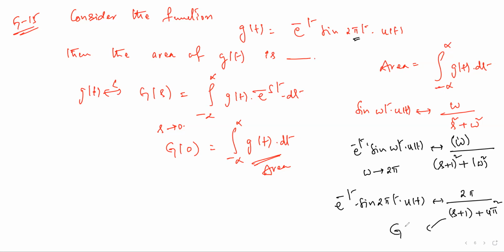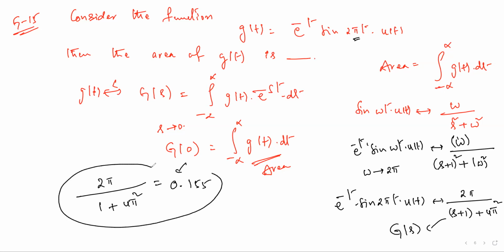What is this? G of s. We want for the area G of 0. That means 2 pi divided by 1 plus 4 pi square. This is the G of 0 value, which is the required area expression value. If you simplify, you will get 0.155. This is the answer.